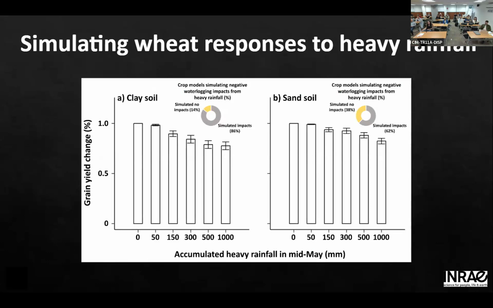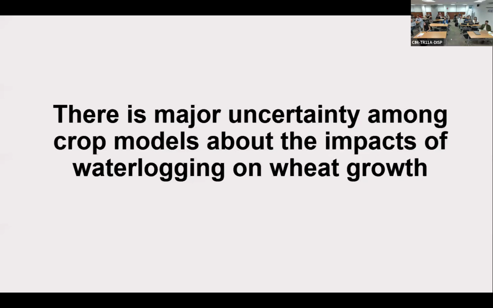So we assumed that if the rain was to fall, the drainage was zero after this layer, always the bottom layer of the soil. So you see in sand soil, for example, the impact is very little, close to 10%, and in clay soil with 1,000 millimeters, that you know will destroy the crop, the impact is close to 10%. And still, for example, for sand soils, 40% of the models simulate no impact, it means zero. So lots of things to improve.